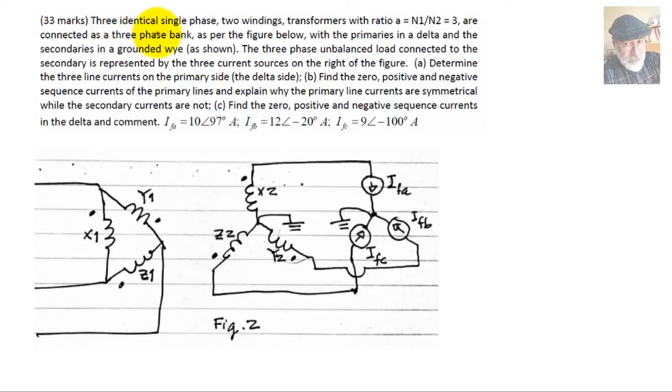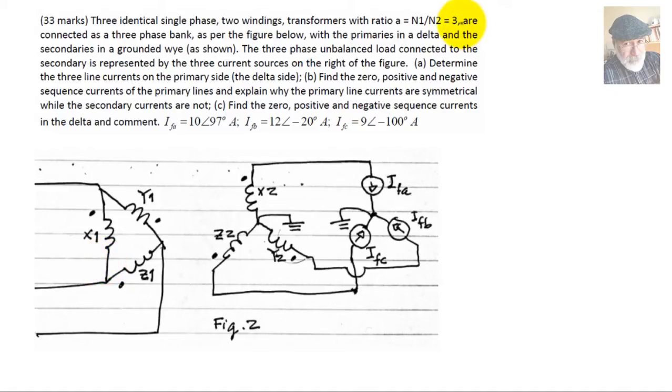Three identical single-phase two-winding transformers with a ratio a = N1 to N2 is 3. So this is N1 and this is N2. This voltage is 3 times this one, or this current is 3 times the current in X1. But this is not the way we're going to solve the exercise this time.